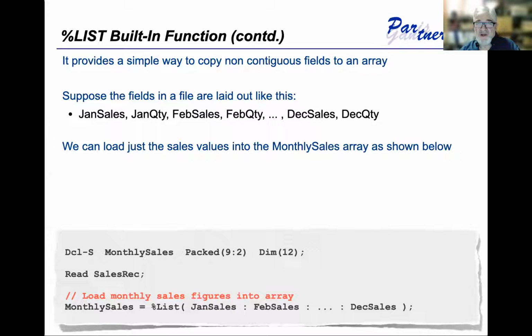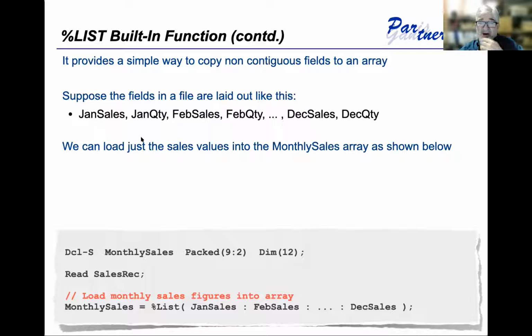One of the techniques we used to use was basically just putting these field names into a data structure and then mapping an array across them. The problem with that is that if you were using them for other purposes, then you wouldn't be able to do that easily, and you had to play silly games to make it work.